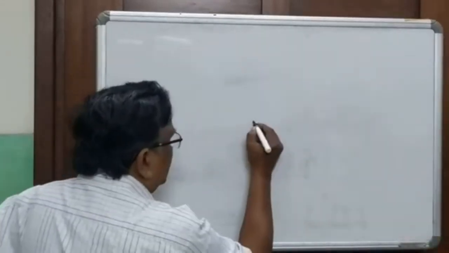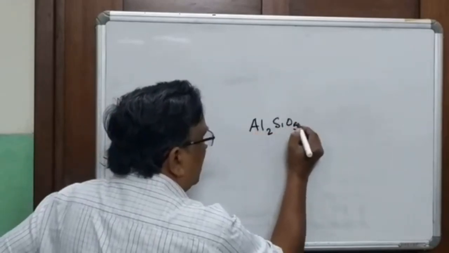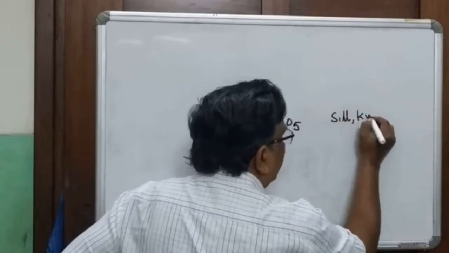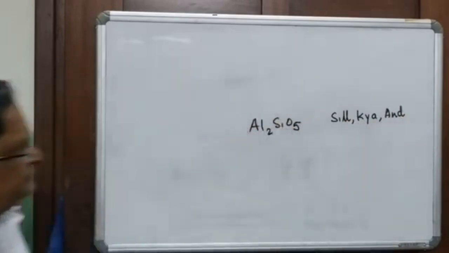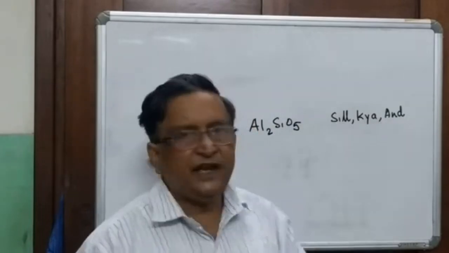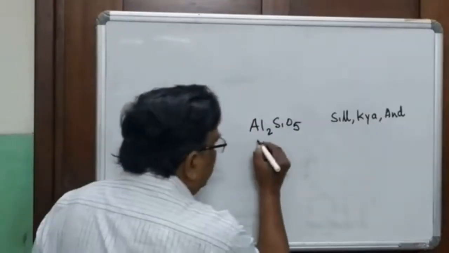Say for example, Al2SiO5 is a famous formula of sillimanite, kyanite, and andalusite. This is a very famous formula of sillimanite, kyanite, and andalusite. This is an idealized formula. Why?